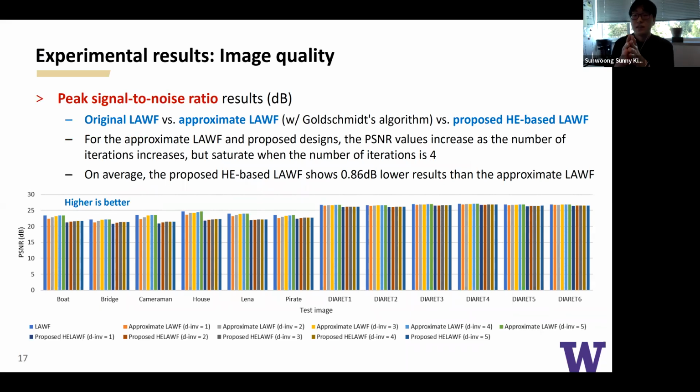So this slide shows the image quality results. To measure the image quality, peak signal to noise ratio, for short PSNR, was used. And a higher PSNR value means better image quality. And as references, the original locally adaptive Wiener filter and the approximate locally adaptive Wiener filter that replaces a conventional division with the Goldschmidt's algorithm were used.